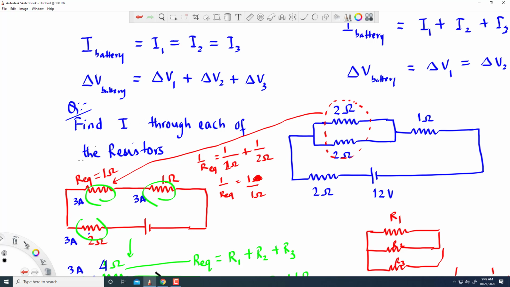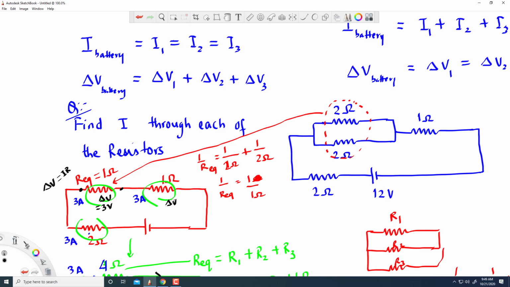So find the delta V across this resistor. Delta V across this one is given by I times R. I is 3 and R is 1, so delta V would be 3 times 1, which is 3 volts. You do the same thing here.